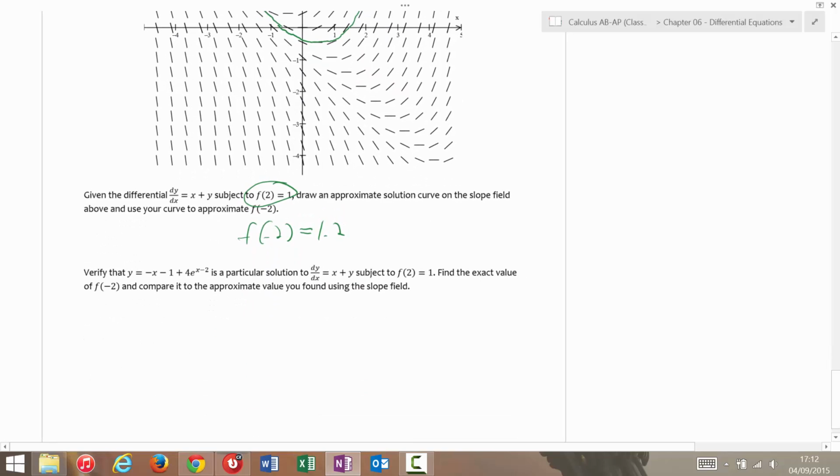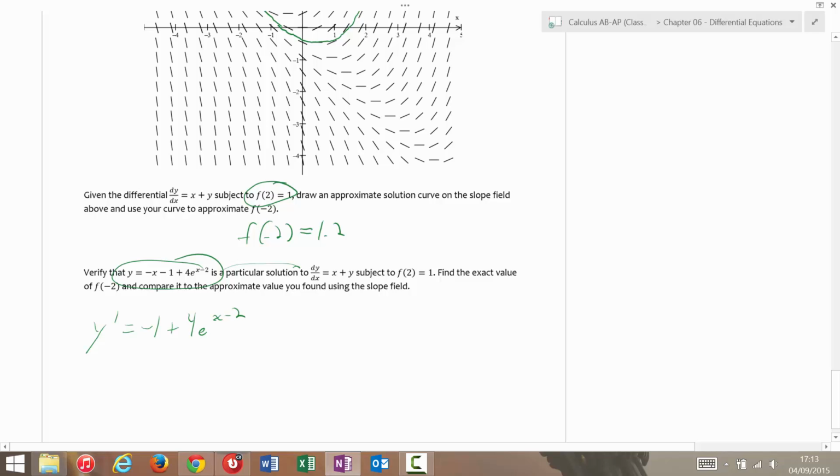Okay. Then it says that this is a particular solution to this, subject to f of 2 is equal to 1. So if I want to verify that that is a solution, this goes back to old directions, so I'm going to go y prime is equal to negative 1 plus, let's do chain rule, which is just the same thing, 4e to the x minus 2.